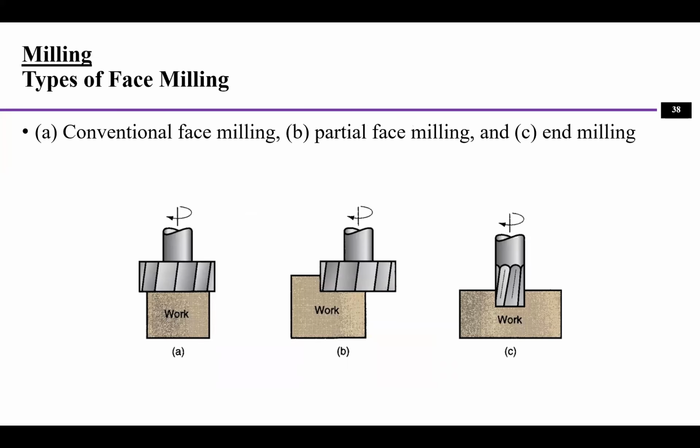And for face milling, of course, if the tool is bigger than the workpiece surface, then we can do this full face milling, or we can do a partial face milling, where every time we remove a certain portion of the workpiece. And another one is end milling.